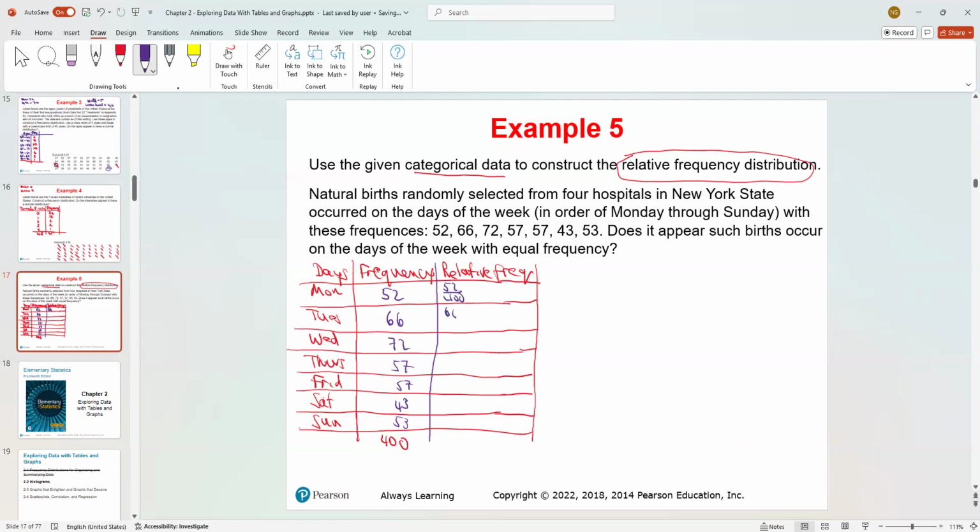You take the 66, divide it by 400. You take the 72, divide it by 400, etc. Divide by 400, that's the total, right? So 43 over 400, 53 over 400.